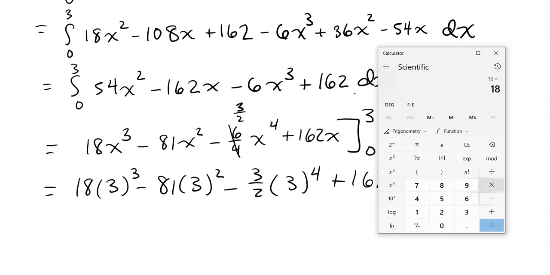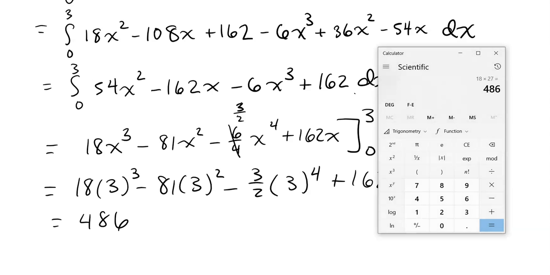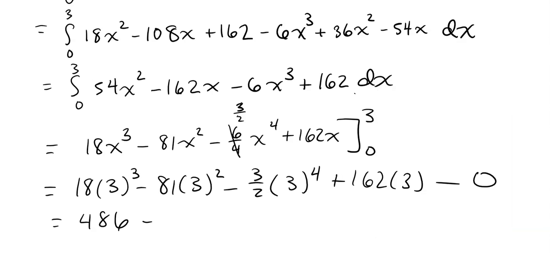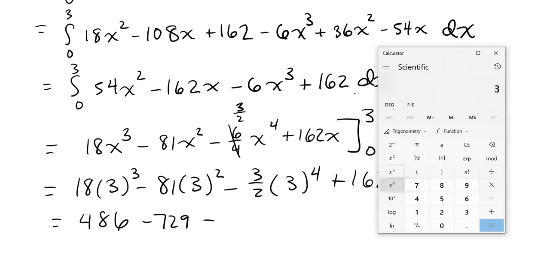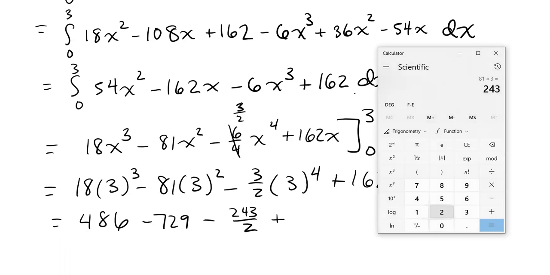So we'll have 18 times 27 is 486, and then 81 times 9 is 729, and then 3 to the 4th is 81, so times 3 is going to be 243 over 2, and then plus 162 times 3 is 486.